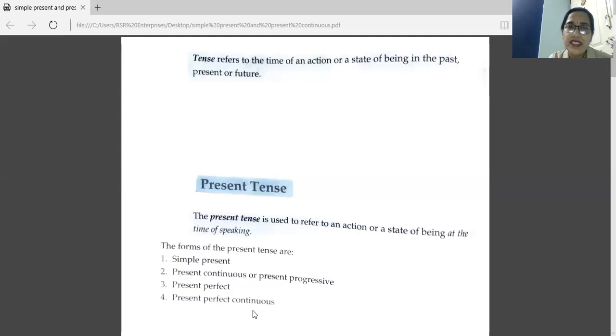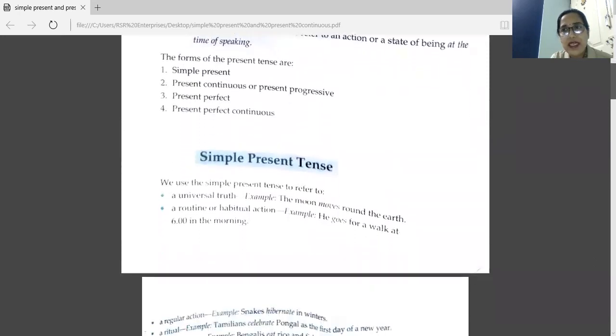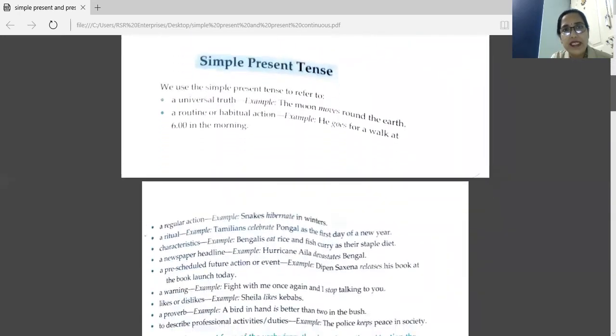And fourth is present perfect continuous. So these are the four forms of present tense. Now, today we'll study only the first two forms, that is simple present tense and present continuous tense.